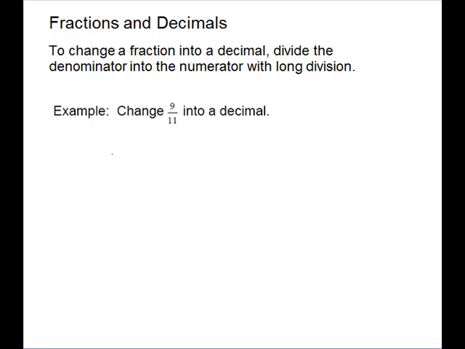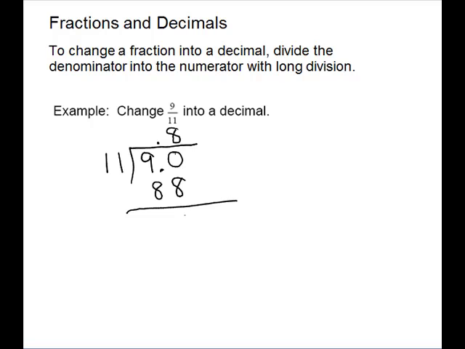So we're going to have to do 11 into 9. It won't go, so we put a decimal, take it straight up, add some zeros. So we'll do 11 into 90. We'll go 8 times. Multiply back, 8 times 11 is 88.